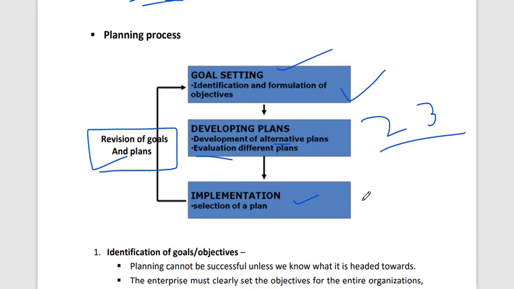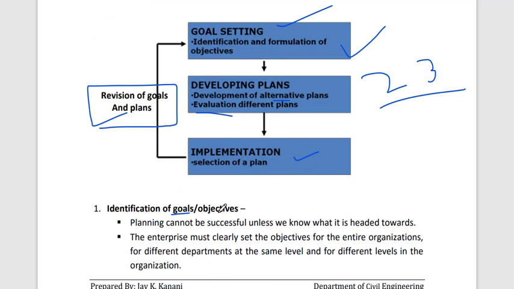Okay, so first is identification of goals and objectives. Planning cannot be successful unless we know where we are headed. So we have to make sure we have a number of goals.